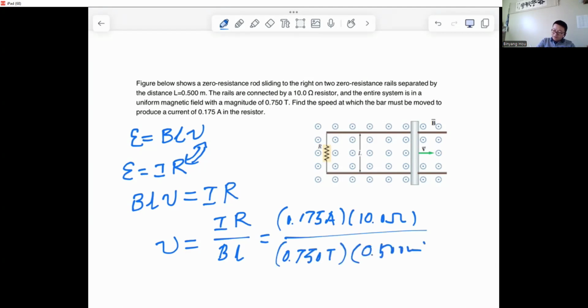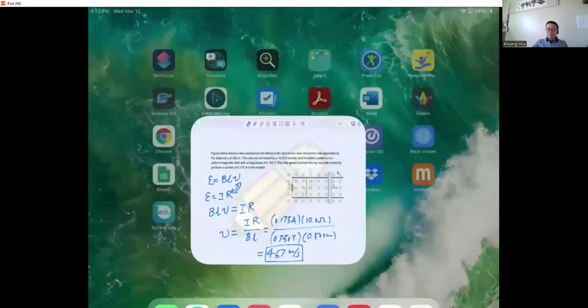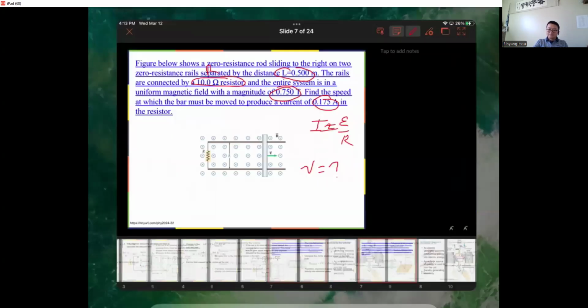All are given in SI units, which makes life a little easier. All this together gives you 4.67, also in SI units, meters per second. So that's the speed you need to maintain for this setup to work. All right, going back to the slide here.